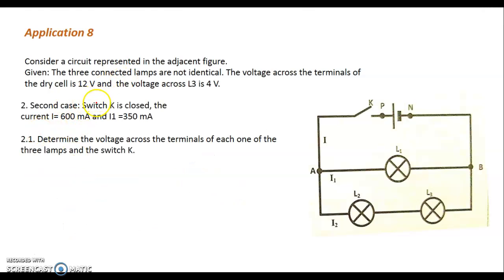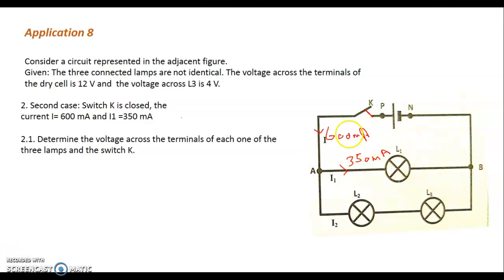Now, concerning the second case when the switch is closed, the current I is 600 milliampere, and the current I1 is 350 milliampere. The question now is determine the voltage across the terminals of each one of the lamps and the switch K. So as we discussed before, L1 is in parallel to the battery because of the closed switch.